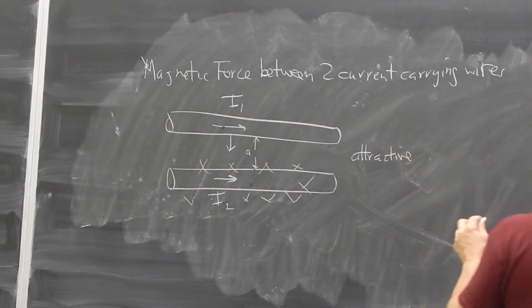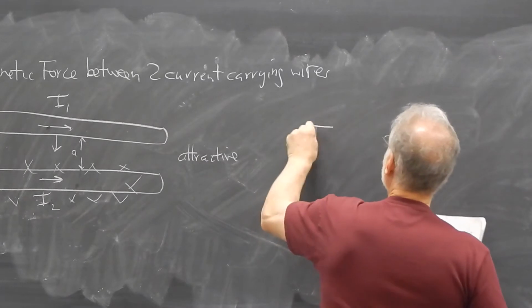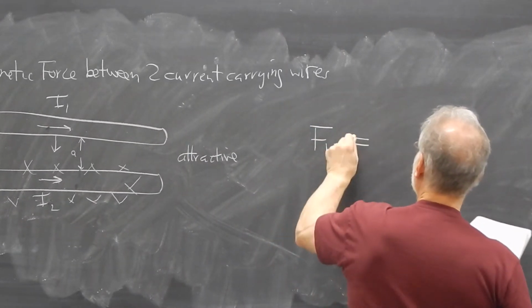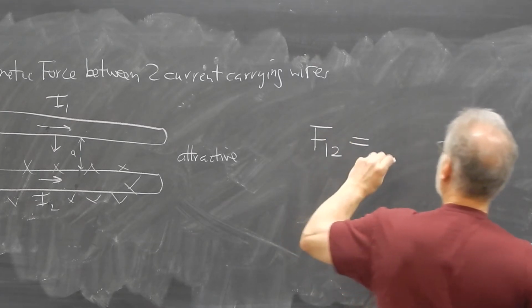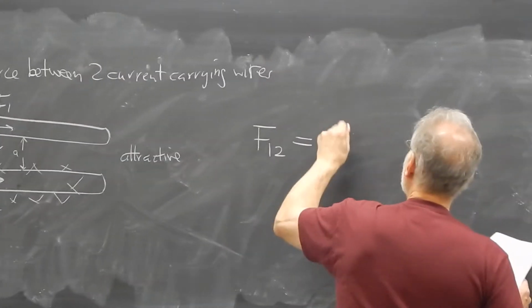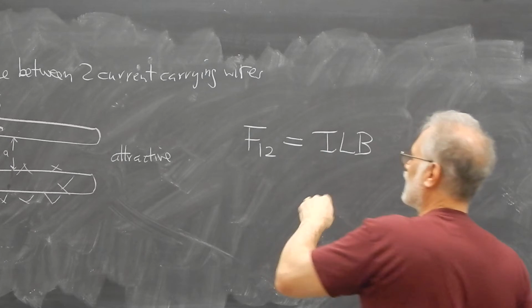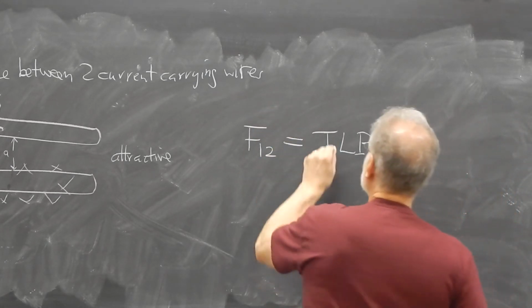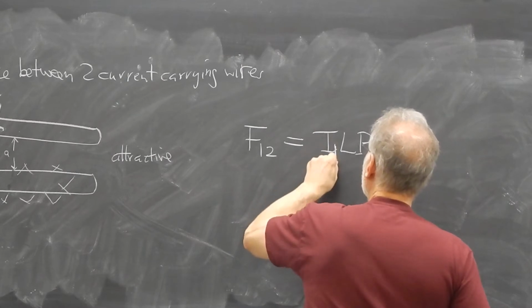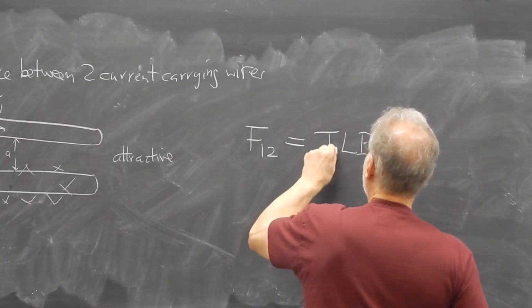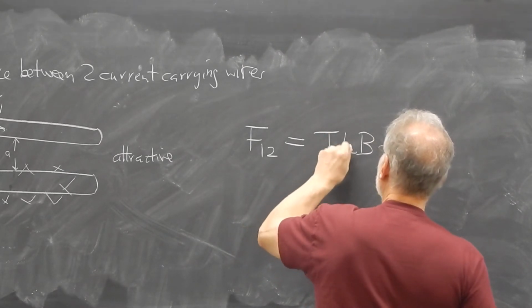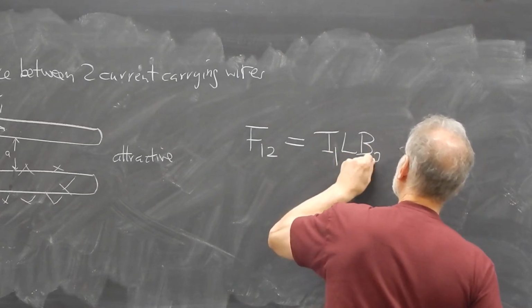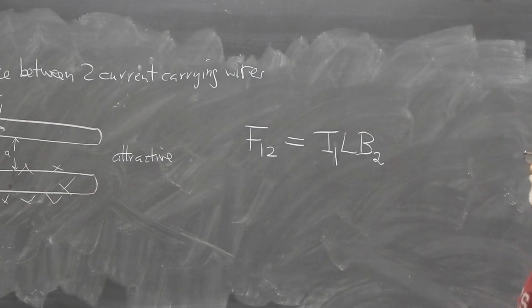Suppose I want to find the force on wire 1 due to wire 2. Well, the force on wire 1, we have said will be I L times B, since everything's perpendicular. This would be the current I1 times the length L times the magnetic field due to wire 2.